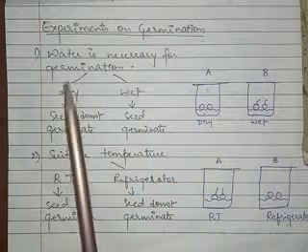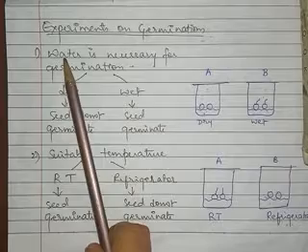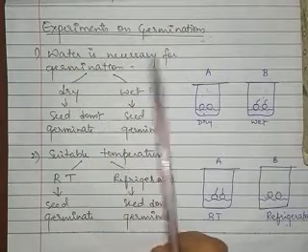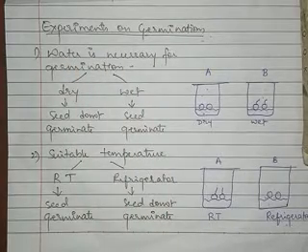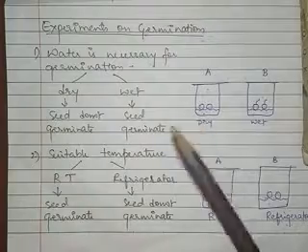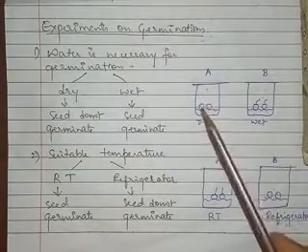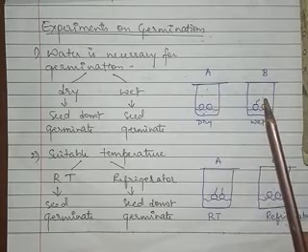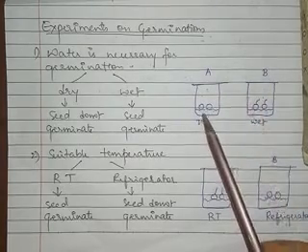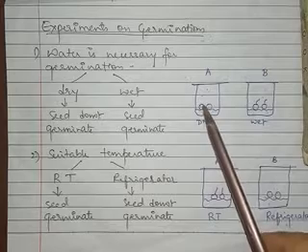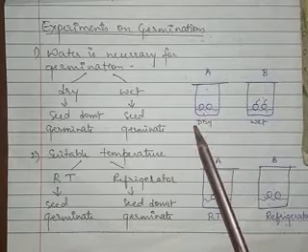So the first experiment is to prove that water is necessary for germination. Here we have two beakers, beaker A and beaker B. We are placing a seed in both the beakers.